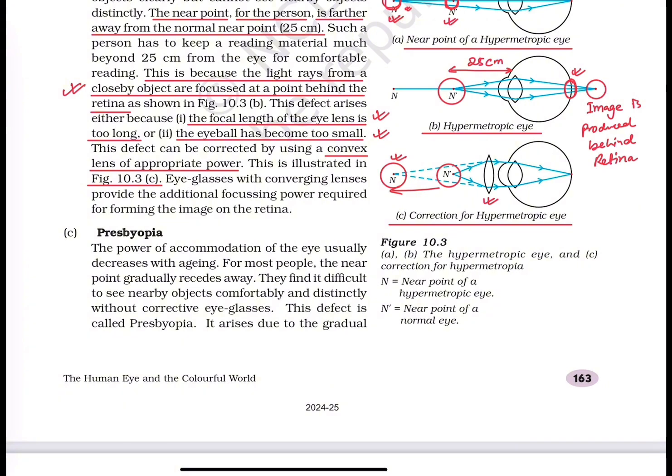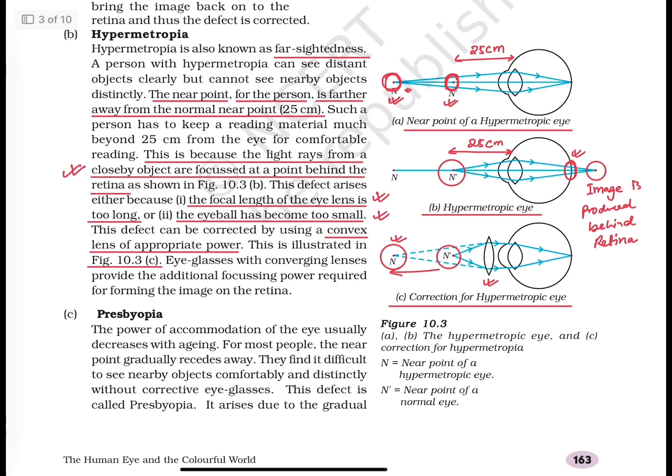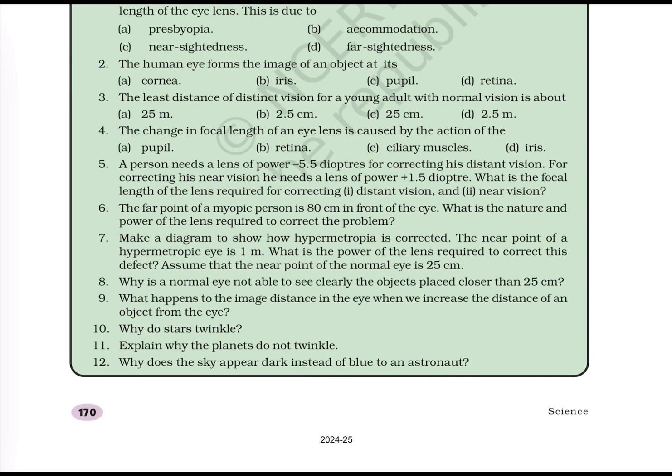Now we will be discussing a numerical on this topic, that is hypermetropia. As an example of a numerical based on hypermetropic vision, let us take question number 7. The question says: make a diagram to show how hypermetropia is corrected.